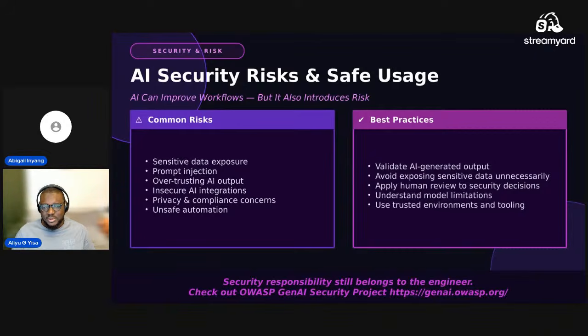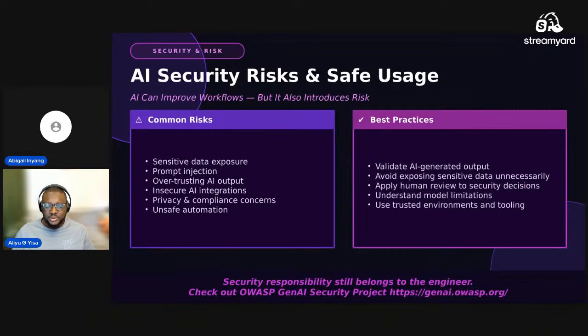For instance, if you look at prompt injection, even if an AI already has a system prompt, and it's already been given lots of instructions on what it's supposed to do, what it's not supposed to do, you can still pretty much trick it into doing something that's against its own instructions, right?